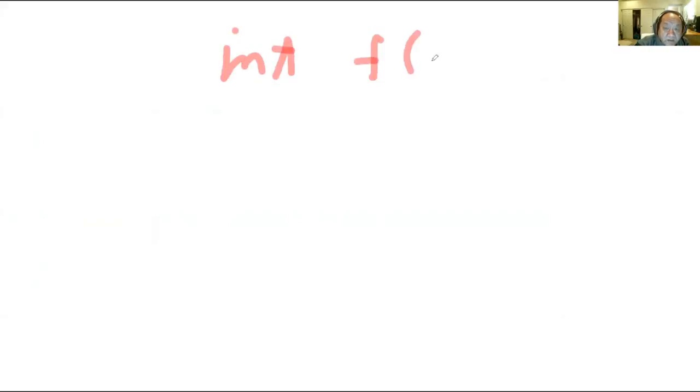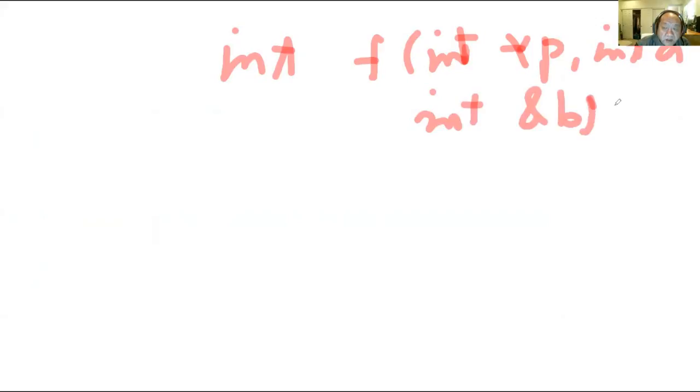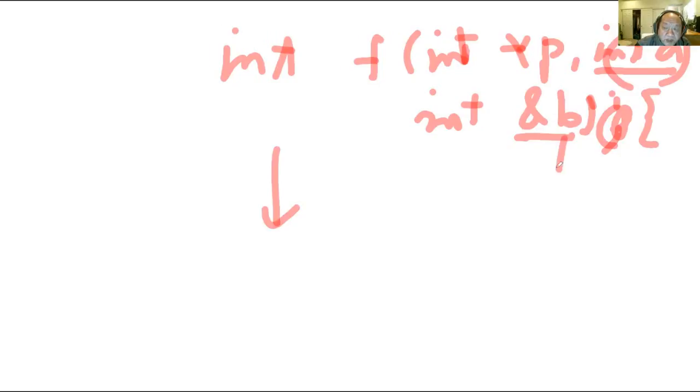And then you have int star p, and then int a, and then int ampersand b. These two are easy to understand, because in C++, I'm talking about C++, the a can only be input. B can be input and output. You can modify the value, right?